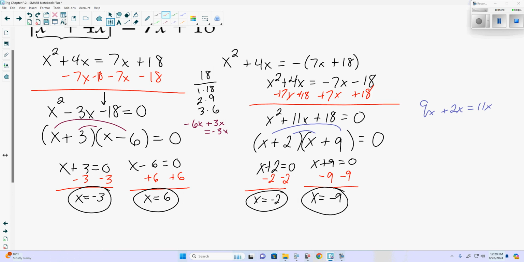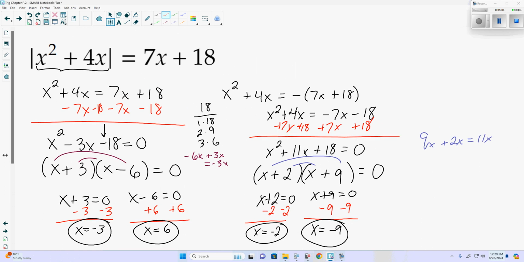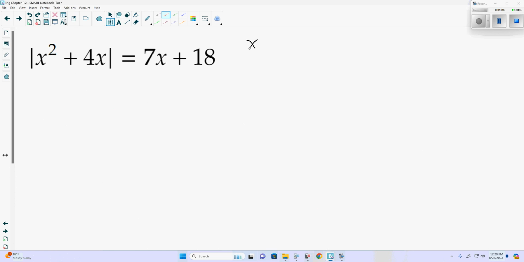So we need to check our solutions. At this point, we're just plugging these back into the equation and seeing which one works. So, negative 3, negative 2, 6, and negative 9, yes?